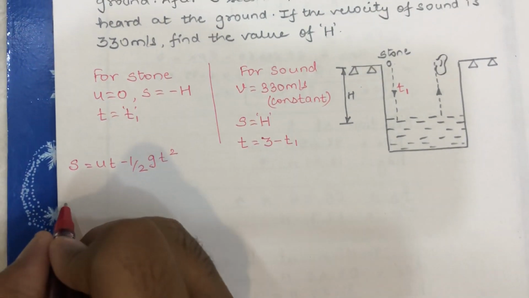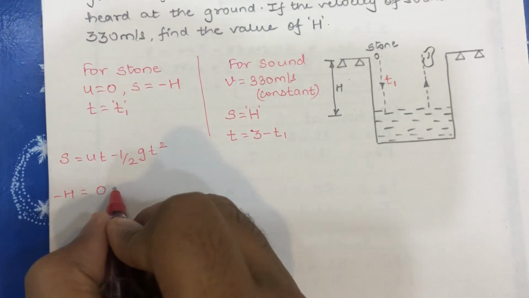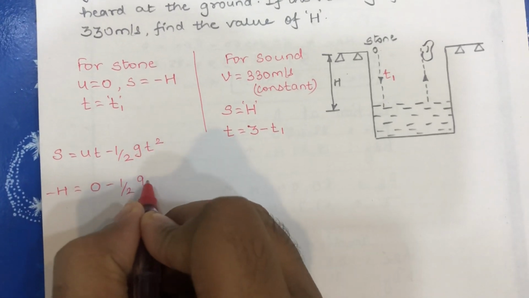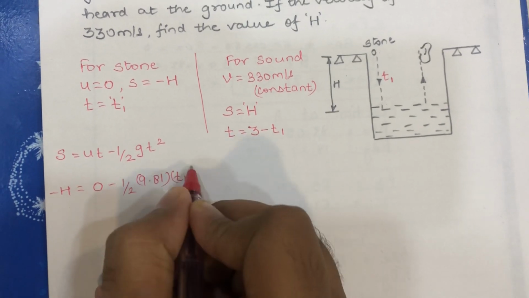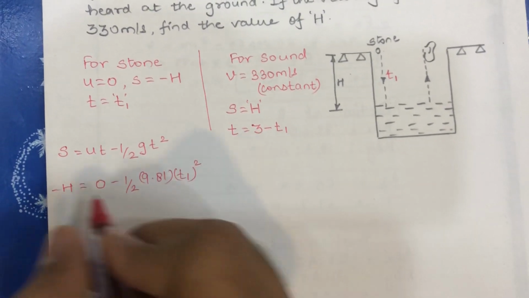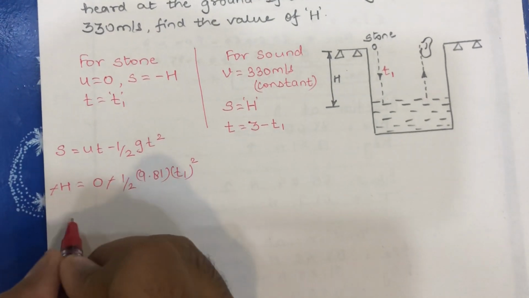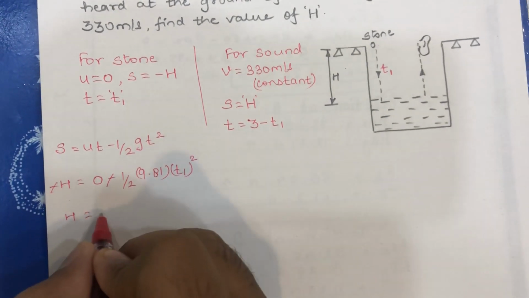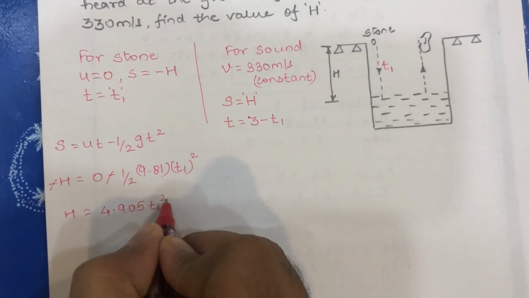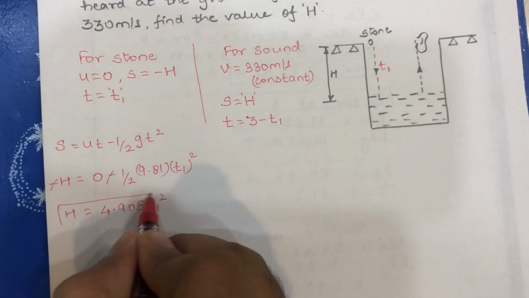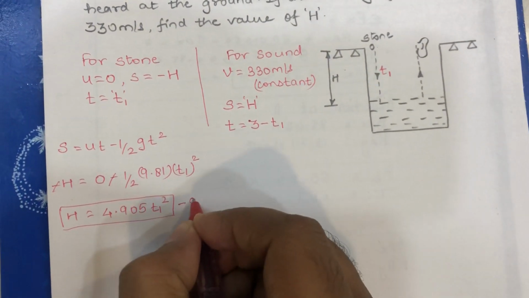In this, s will be minus h, u will be 0, half g will be 4.905, and t will be t1 square. With that, the minus sign will be cancelled. h will be 4.905 t1 square. Let's take this equation as equation A.